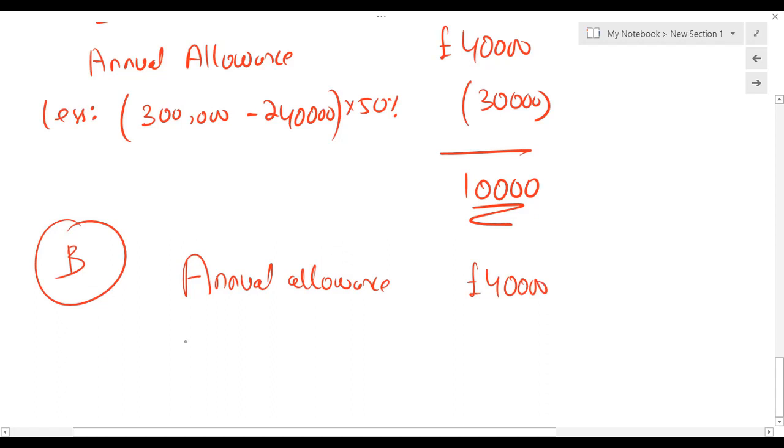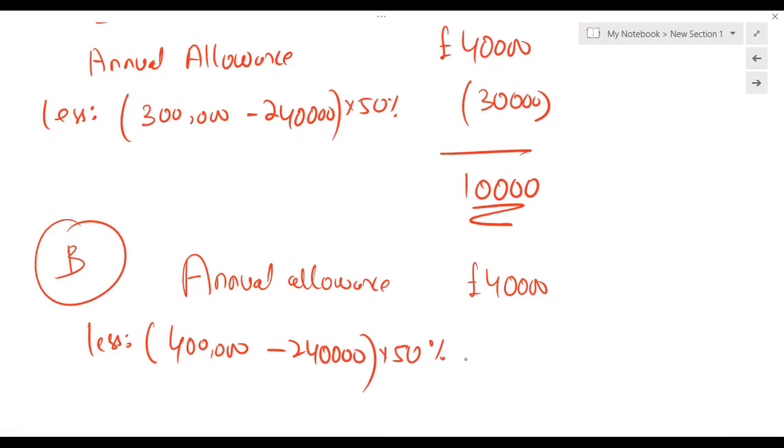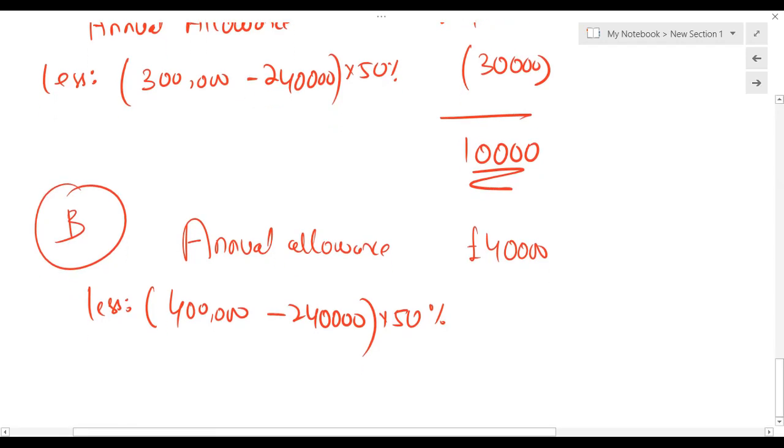Annual allowance is 40,000, less the reduction. This time I have 400,000 minus 240,000, into 50%. Obviously, from 400,000, if I deduct 240,000, I will get 160,000. If I take 50% of that 160,000, it becomes 80,000.